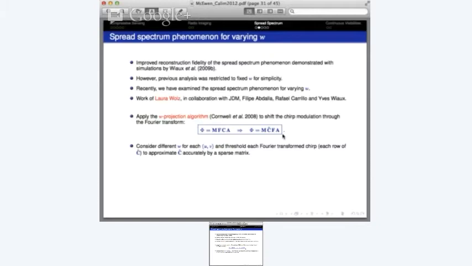And now we can easily consider a different W for each UV measurement. Right, so we approximate that by a sparse matrix, which allows us to do this efficiently, but we're not going to extremely high resolution. So we're still idealized, but we at least have this concept now of varying W included.